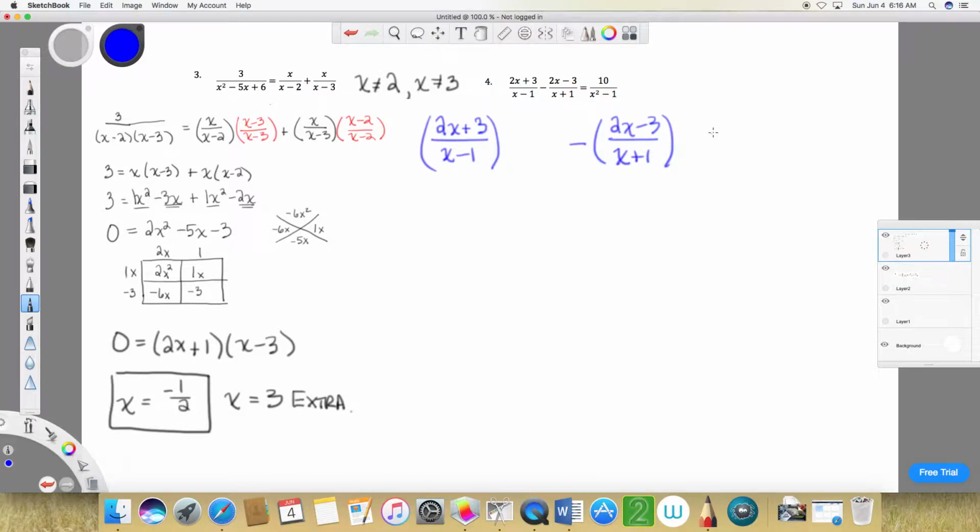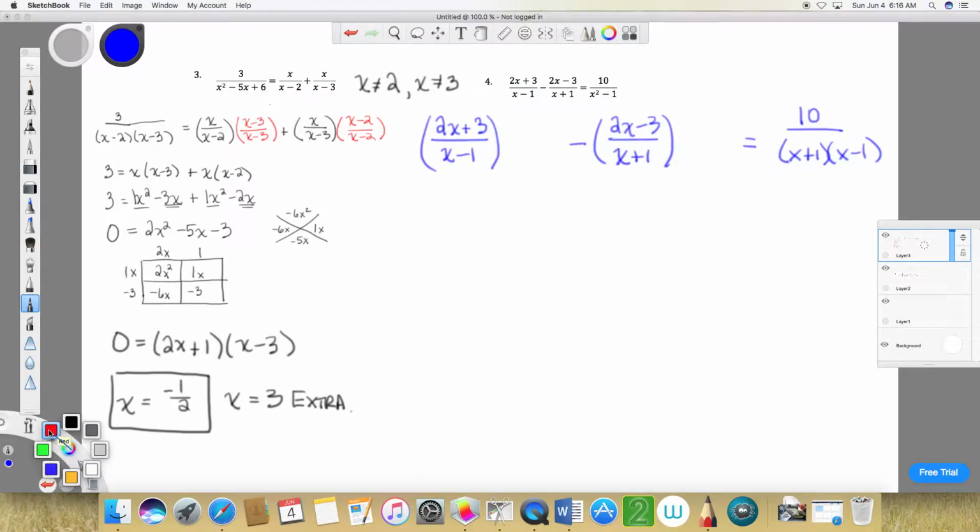Hopefully I didn't say x plus 1 just a second ago. I may have. And then here on the right-hand side, if I factor this, it factors to x plus 1 and x minus 1.